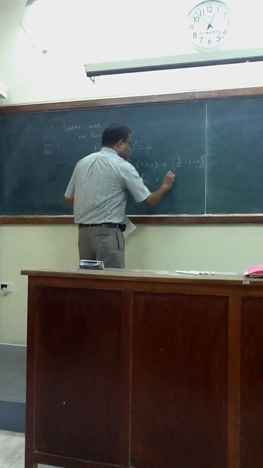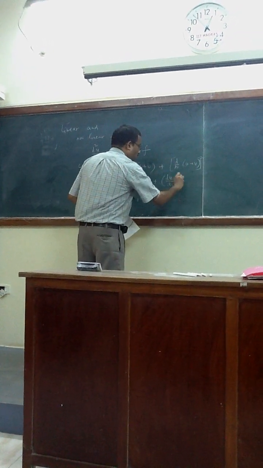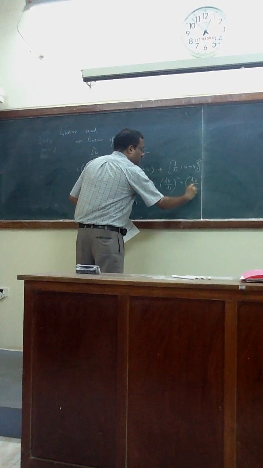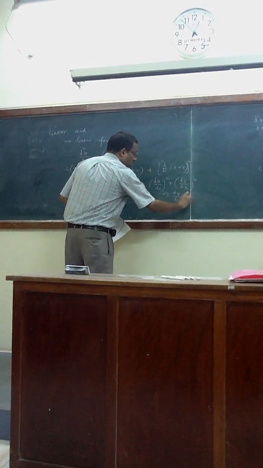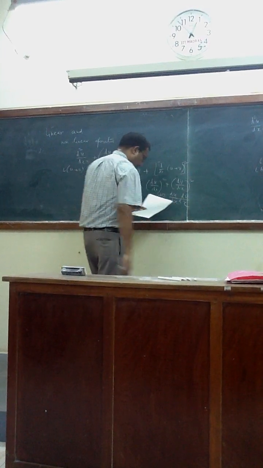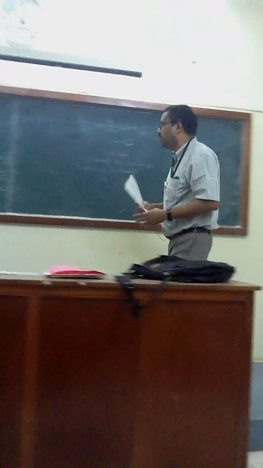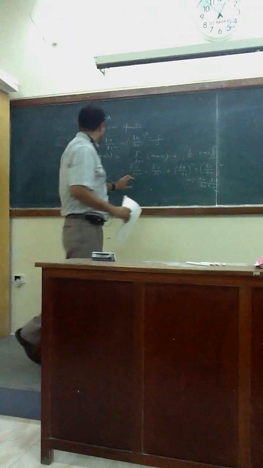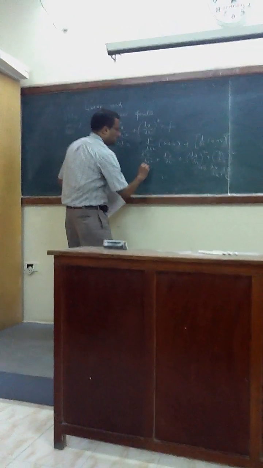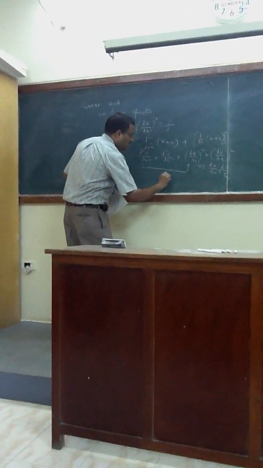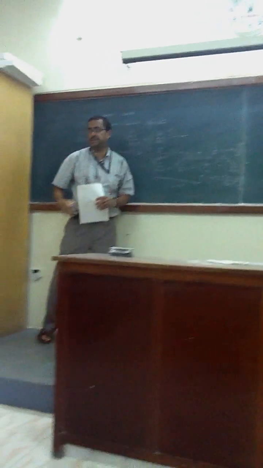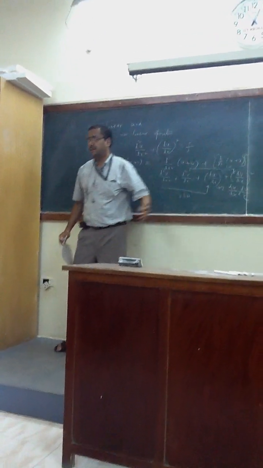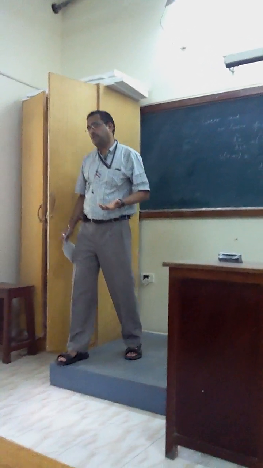So you will get what? du dx whole square plus dv dx whole square plus 2 du dx dv dx. What are you getting here? This is Lu, this will give Lu, this will give Lv. Am I correct? This is the extra. Linear or non-linear operator? Non-linear.